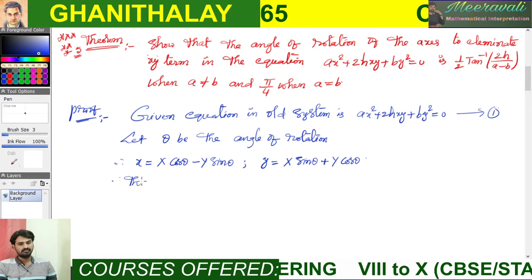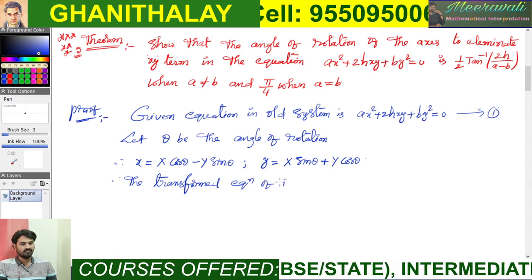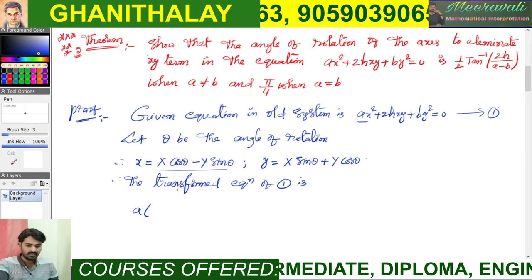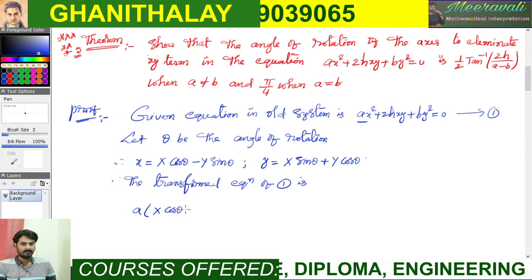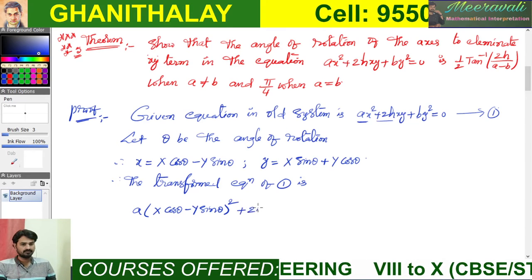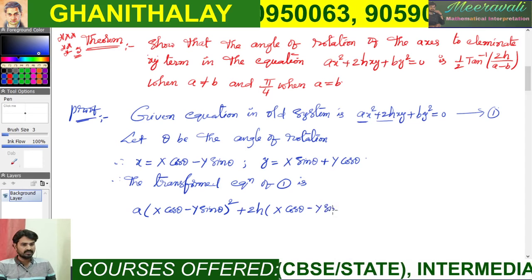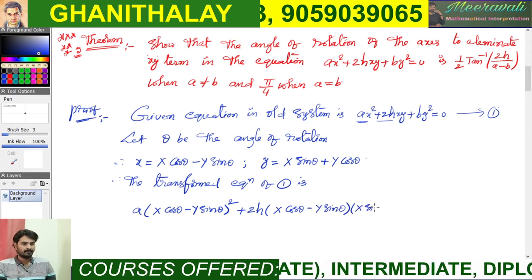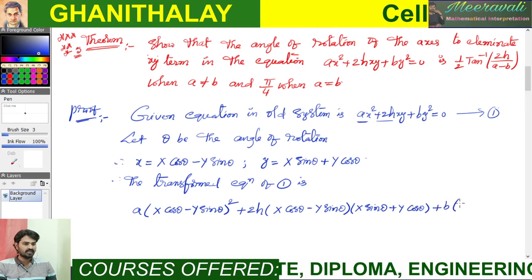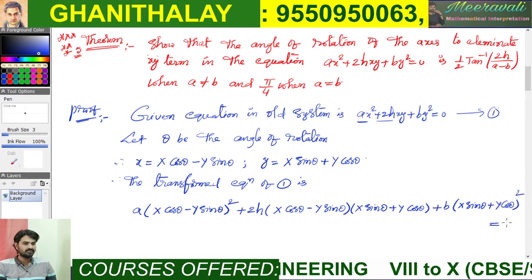So therefore the transformed equation of equation 1 is, using this formula for x square, we get a times (X cos theta minus Y sin theta) whole square, plus 2h into x into y, where x is X cos theta minus Y sin theta and y is X sin theta plus Y cos theta, plus b times (X sin theta plus Y cos theta) whole square, equal to 0.